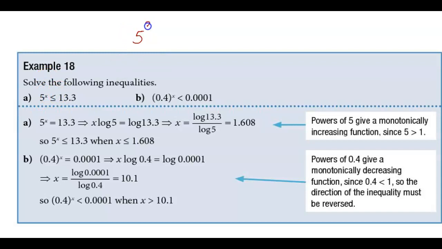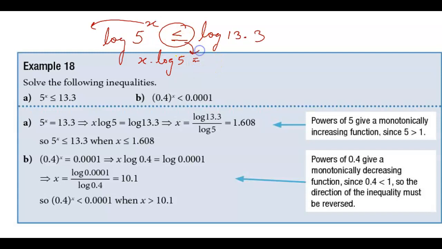5 raised to power x less than or equal to 13.3. Now what shall we do? We shall take log on both the sides. I am also taking log this side, so this comes in front. So I'll be having x log 5 equals, I can take this as equality first of all to solve it, right?